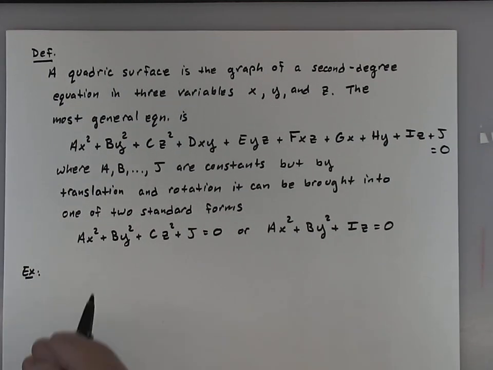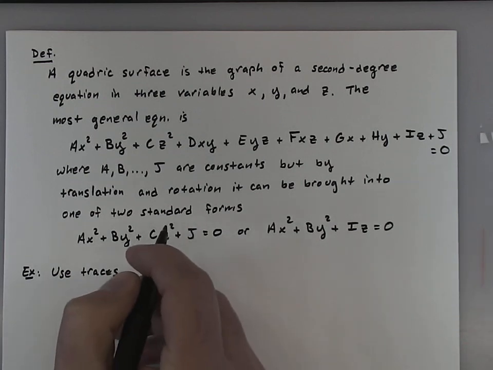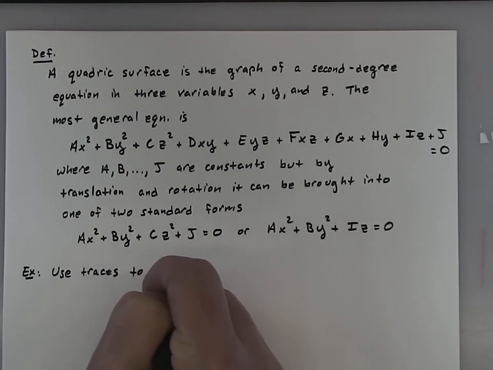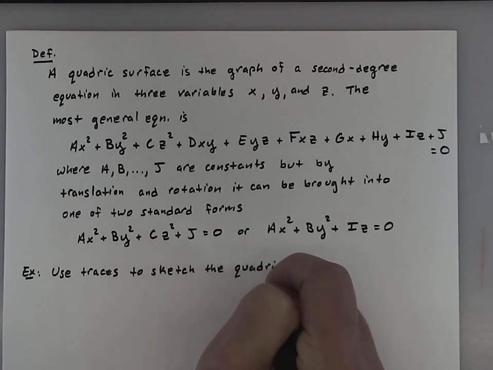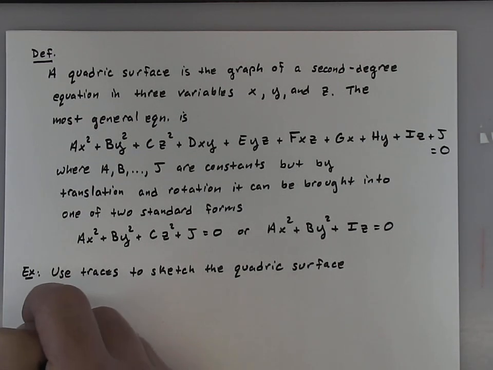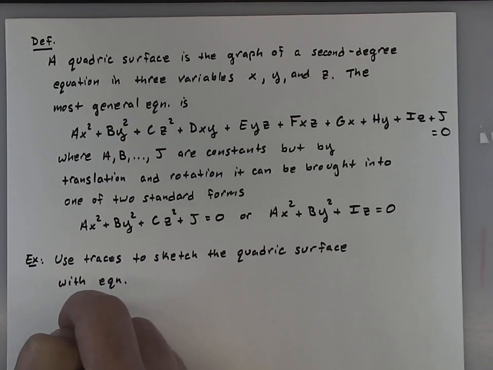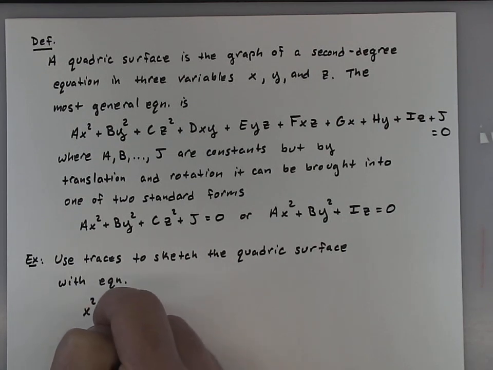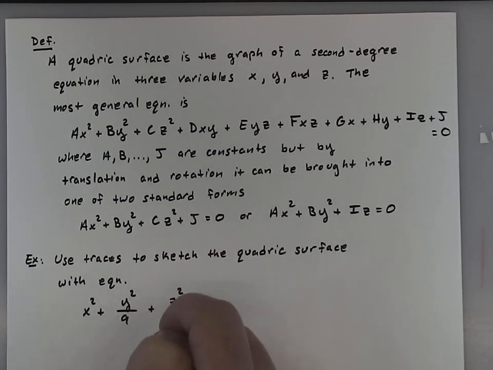Example, use traces to sketch the quadric surface with the following equation: x squared plus y squared over 9 plus z squared over 4 is equal to 1.